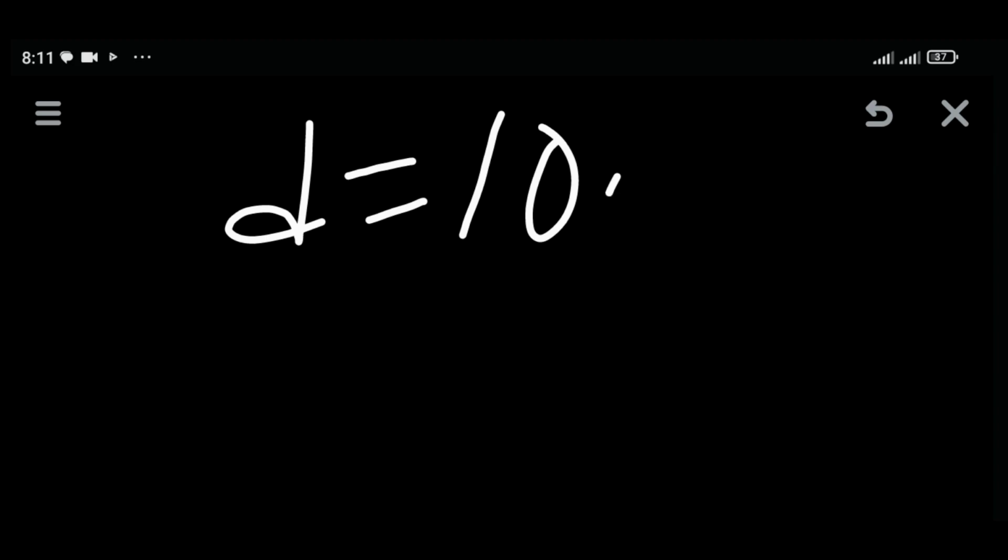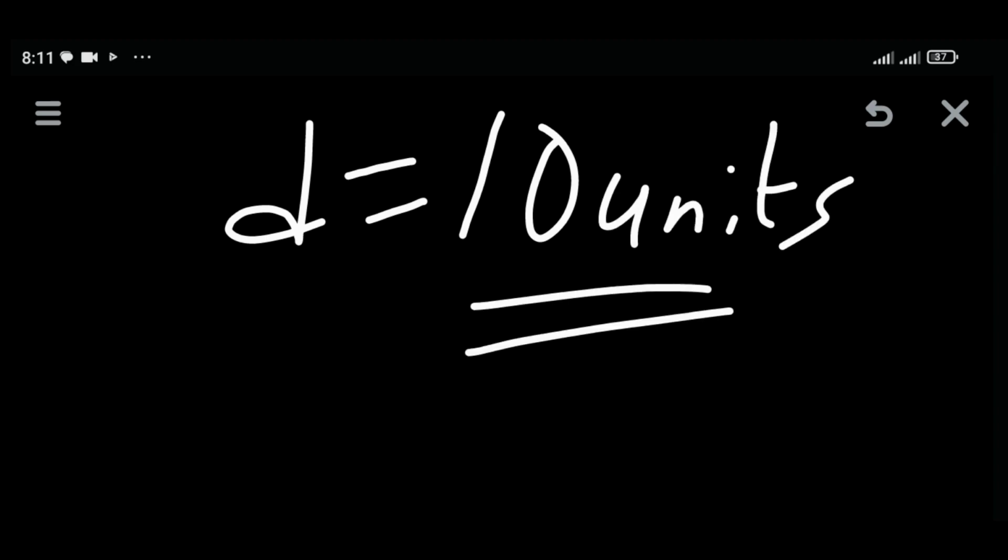So this gives us our answer: diameter D will be equal to 10 units as a whole number, our final answer.